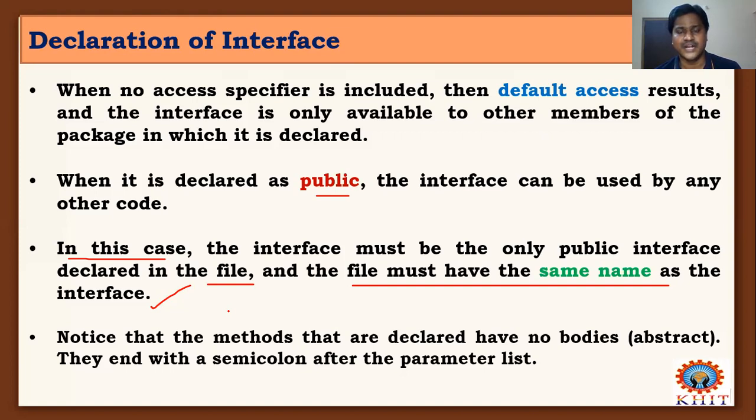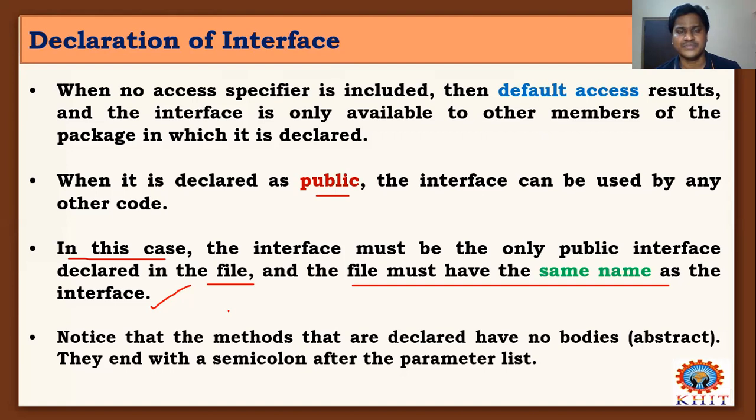But up to now, we have followed one procedure for declaring classes in Java program files: the class which contains the main method, its class name should be the same as the file name. And we are following this point till now while executing the programs. The same is adopted for interfaces.